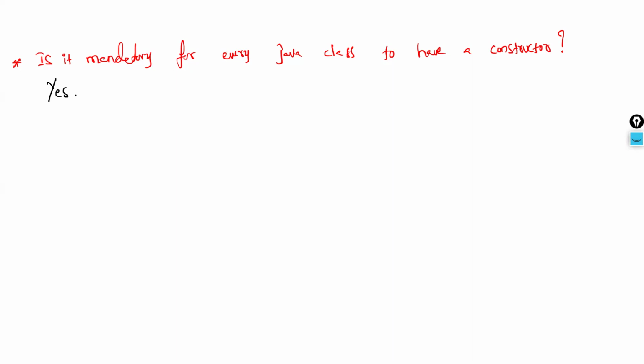Yes or no? Is it mandatory? Yes, mandatory. But are we writing it? We are not writing. Then who is doing that? Then there is a compiler or JVM. Compiler will create a constructor or JVM will create a constructor. When the programmer is not writing, one of these two is doing that job. Who is that?